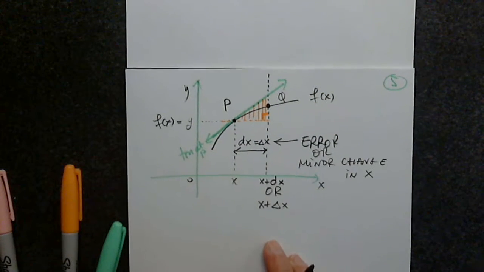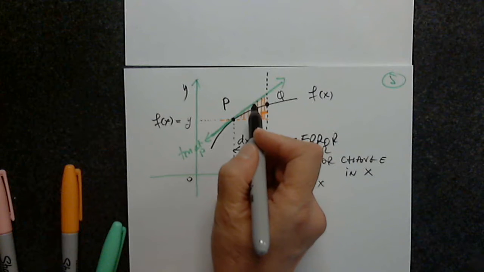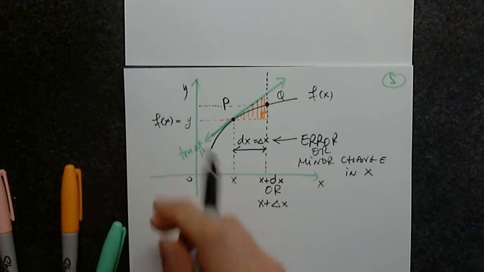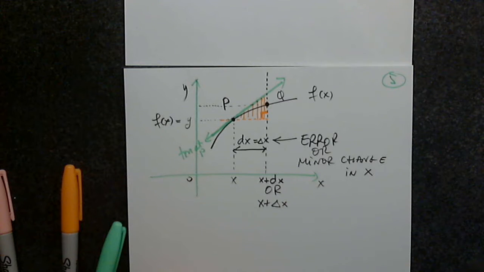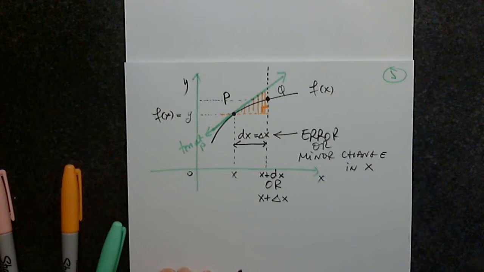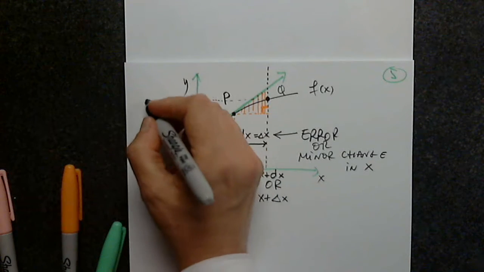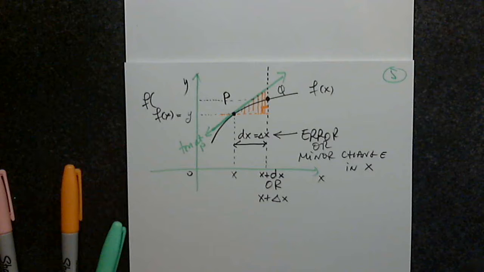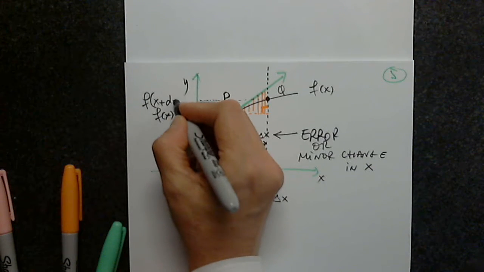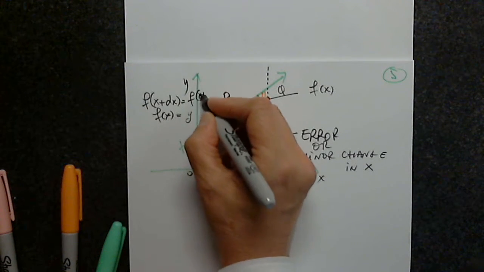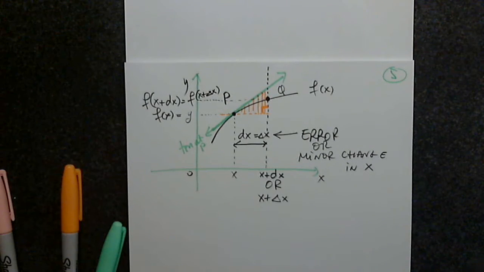If you want to call it Q, let's call it Q. But I would like us to determine the y-coordinate of this point. We had h before. Now we have dx. Same thing. But I need dx now. So what is the y-coordinate of Q? F of, very good, x plus dx, or f of x plus delta x. Nothing new so far, just a slightly different notation, right?